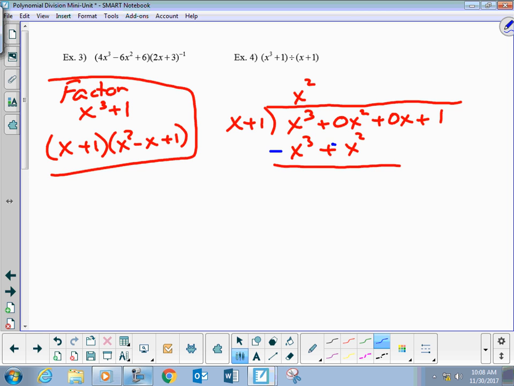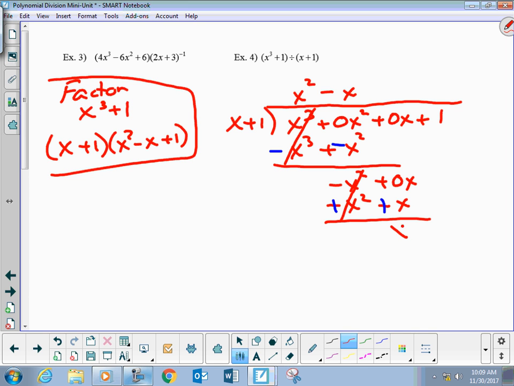Change the signs and add. So I now have minus x squared. I bring down the placeholder. Do it again. Now I need to have a minus x, don't I? So I get minus x squared minus x. Change the signs and add.